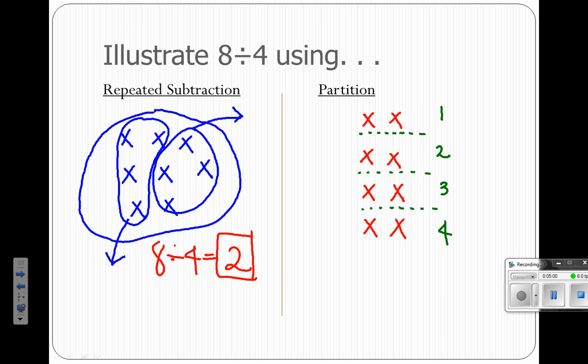Then my answer in this case, like I said, you know your answer is 2, but where does that answer come from? It comes from the number of objects you have in one partition. So in that case, your answer is 2 as well. So be sure that you note the difference and be sure that you can illustrate those to where it's clear. Otherwise, it's really confusing for your students.